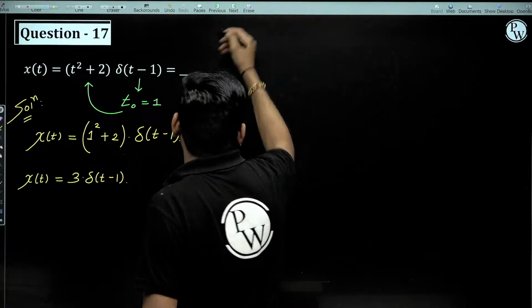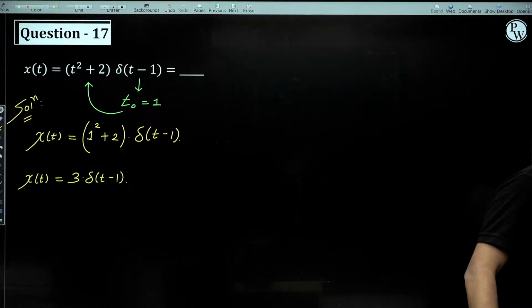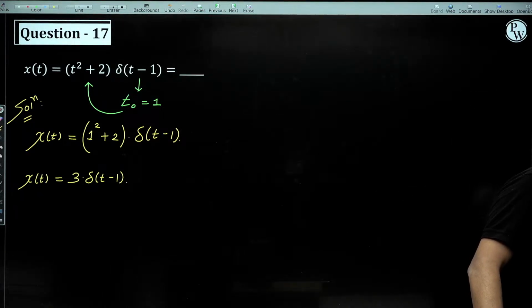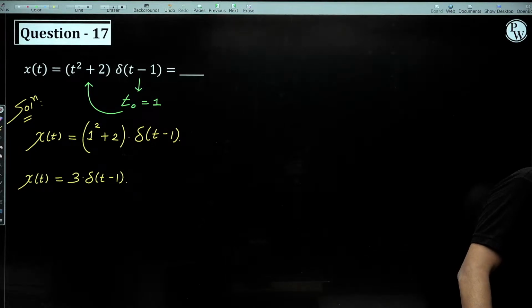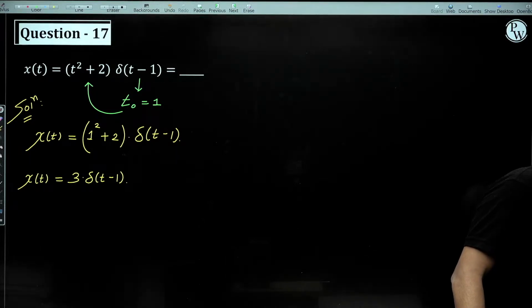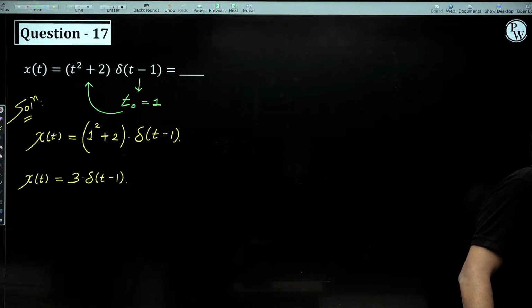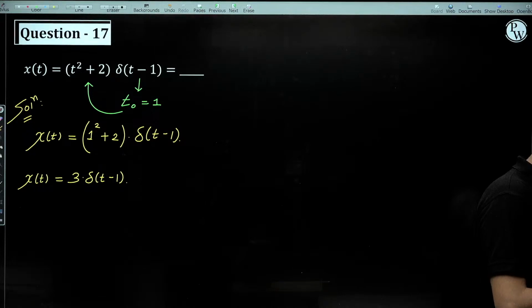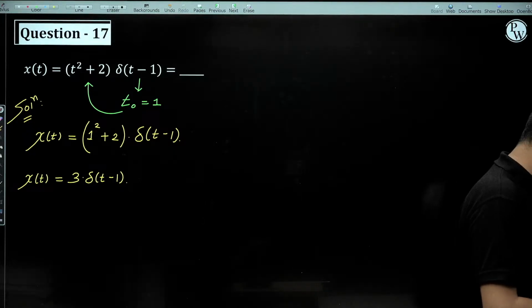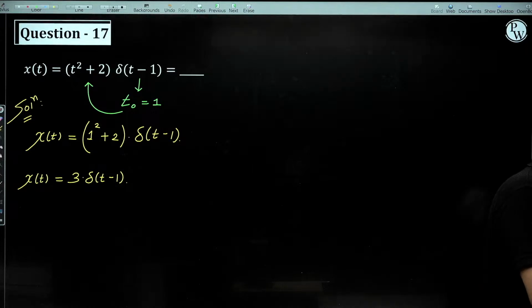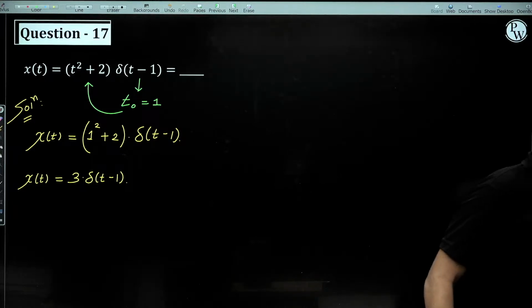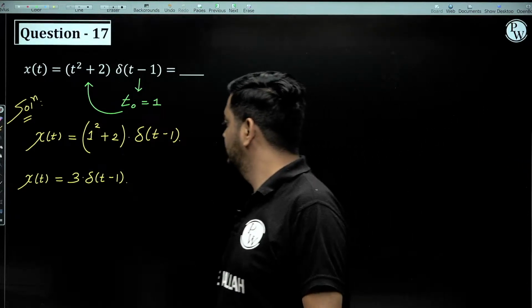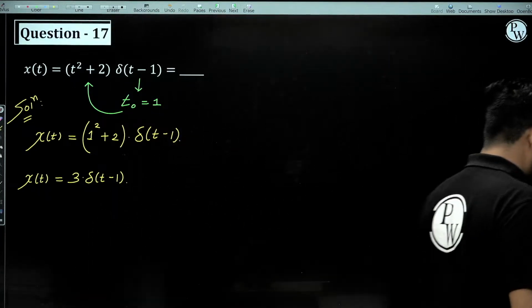So the answer is 3 into del t minus 1, guys.